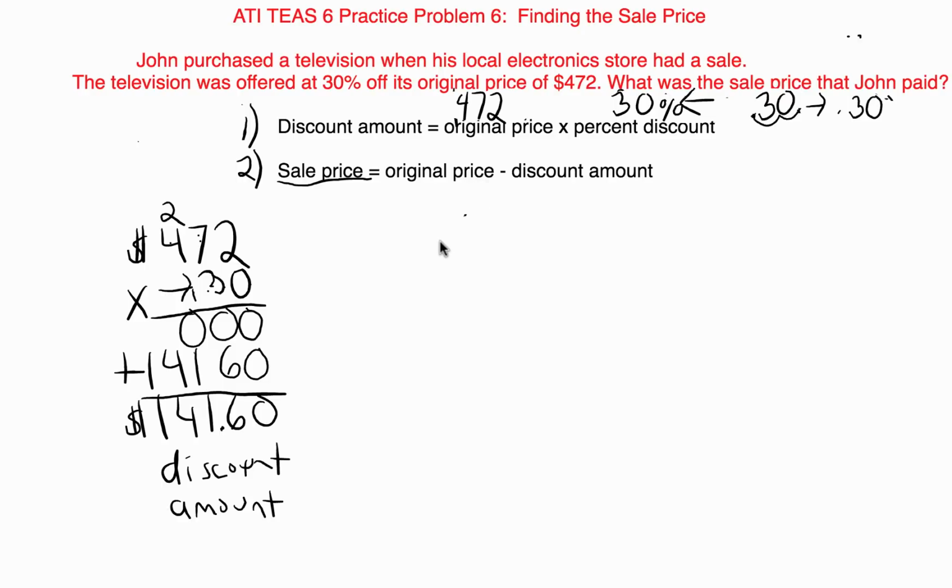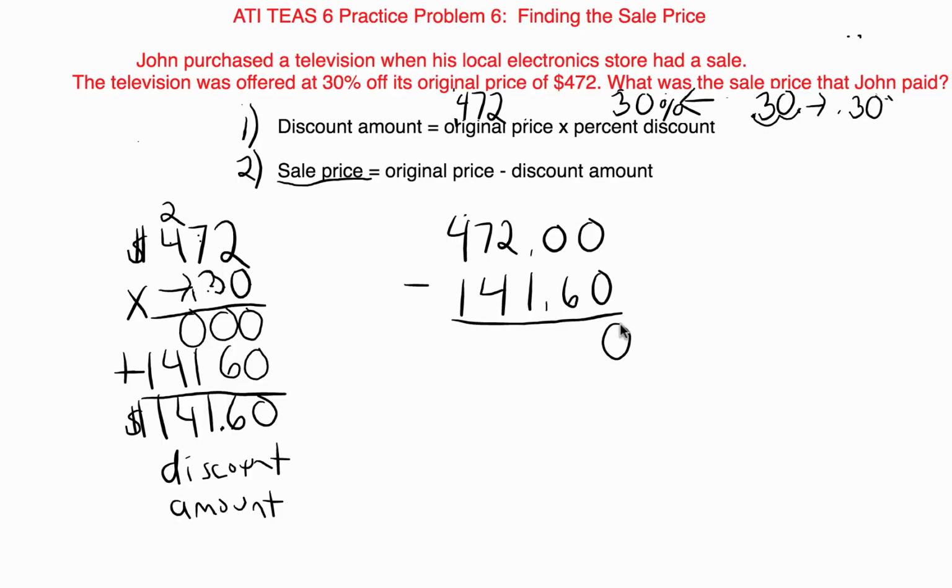Step 2. Now we will take the original price and subtract from it our discount amount. For the subtraction, I'm also going to assume that you guys are comfortable with your subtraction, especially when it involves borrowing. So I'm just going to line my numbers up here. 0 minus 0, 0.